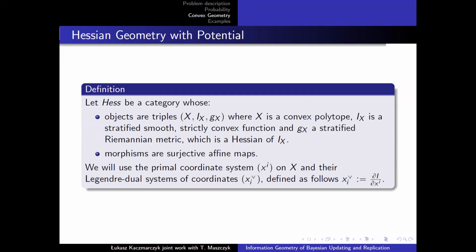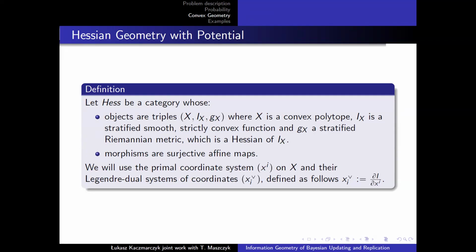We need a distinguished smooth, strictly convex function, of course, because the convex polytope is stratified. It will also need to be stratified, and because it is strictly convex, it can generate a Riemannian metric.